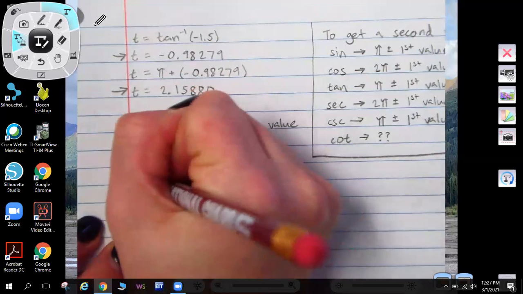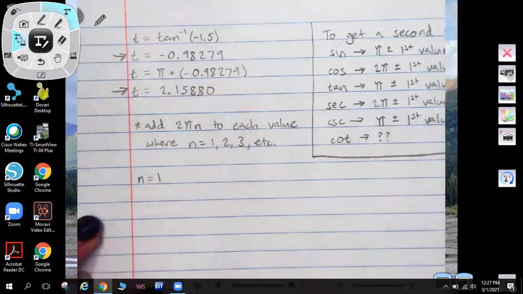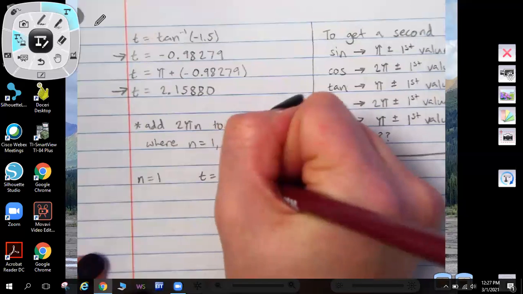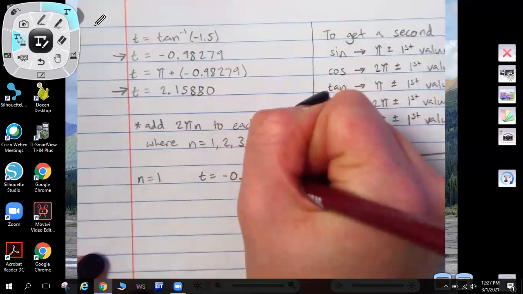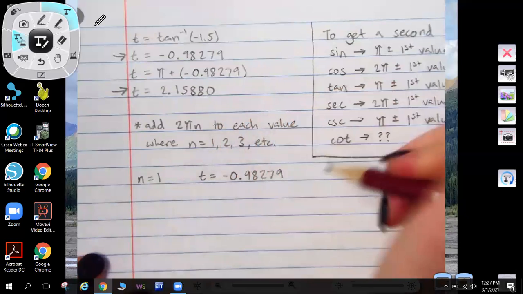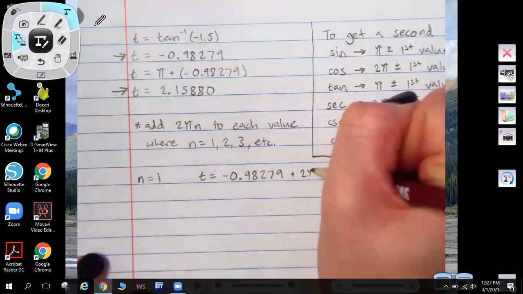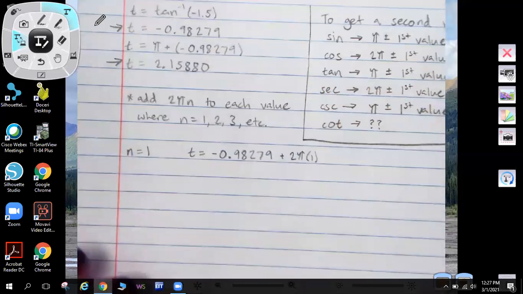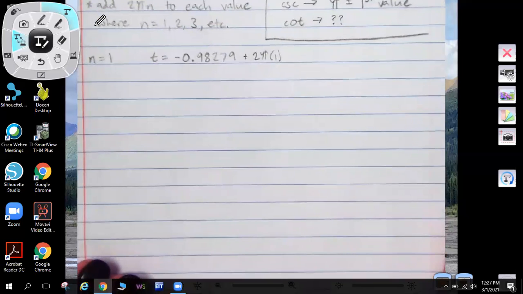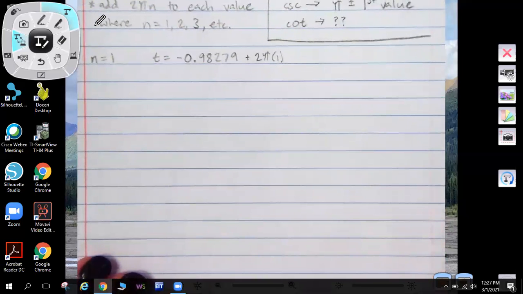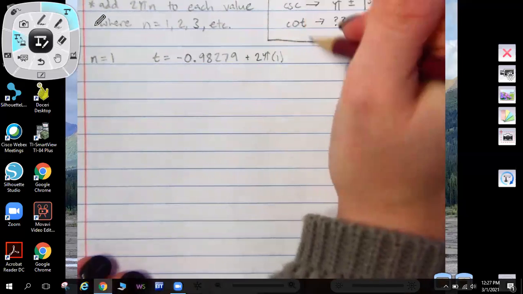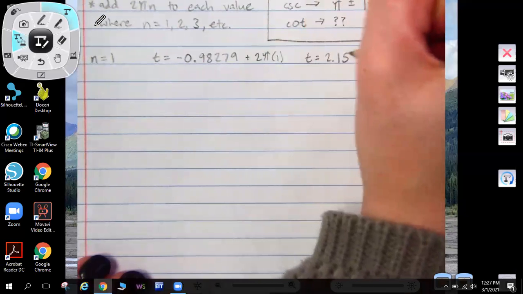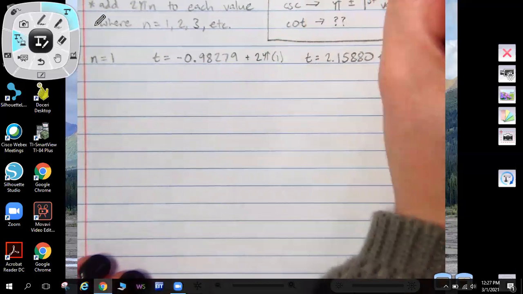So if n equals 1, our first value for t plus 2 pi, if n is 1, then it's not really going to change. It'll still just be 2 pi, but I'll write it just for fun. But then we also have this value of 2.15880 plus 2 pi times 1.